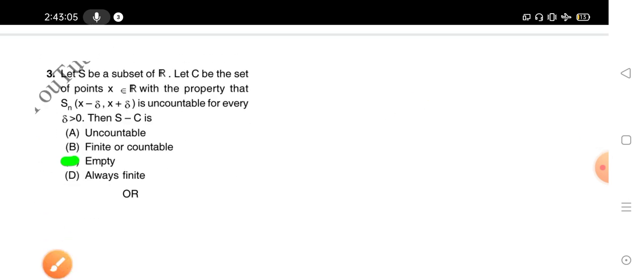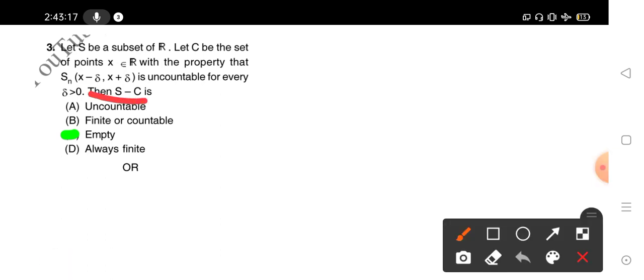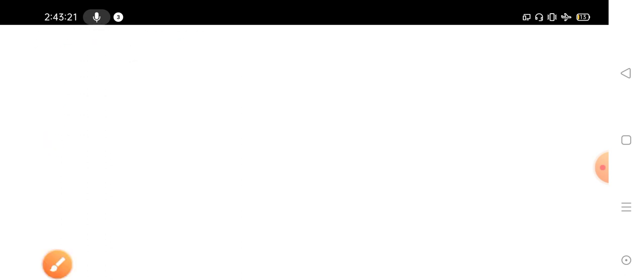Next question. Let S be a subset of R. Let C be the set of points x belonging to R with the property that the neighborhood of x is uncountable for every delta greater than 0. Then S minus C is empty. Next question.